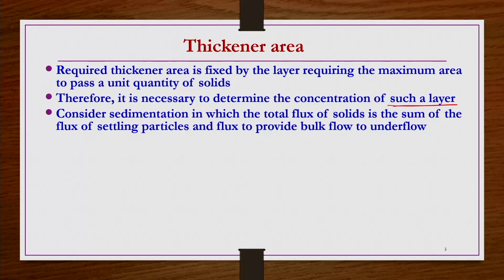Let us say we have a continuous thickener, something like this. Once the steady state is achieved, these different zones, A zone, C zone, B zone, D zone, will be developed. A zone is a clear liquid zone, and that is taken as overflow.